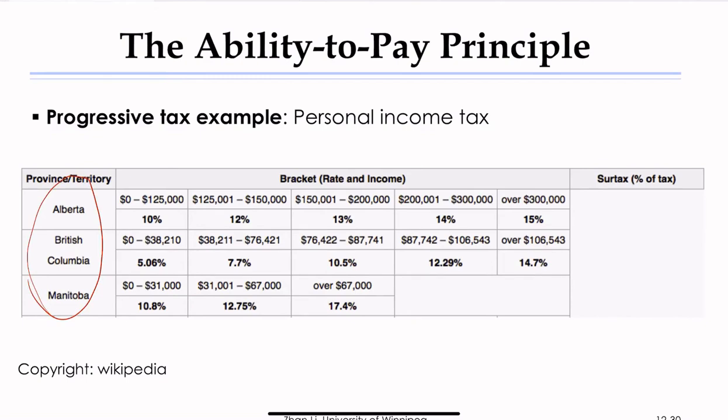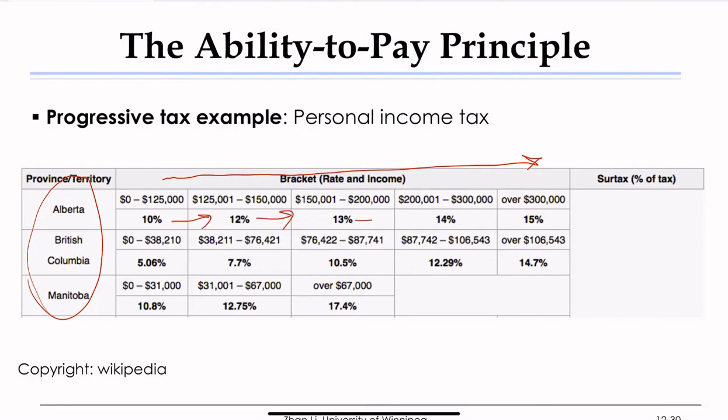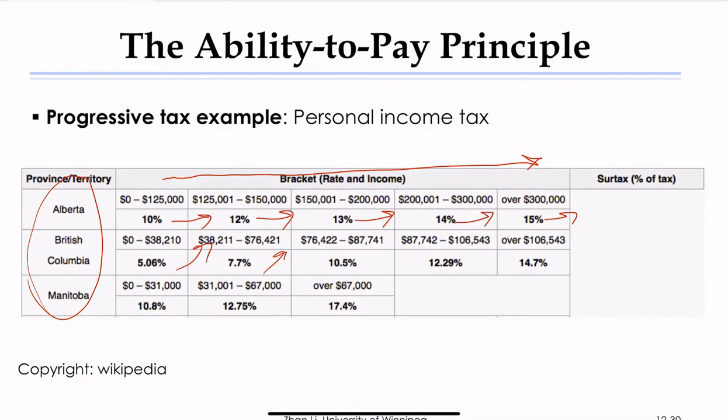I forget the year, I think maybe it's 2017. So you can see that the personal tax systems in Alberta, BC, and Manitoba are all progressive, because as your income increases, the tax percentage becomes higher and higher.